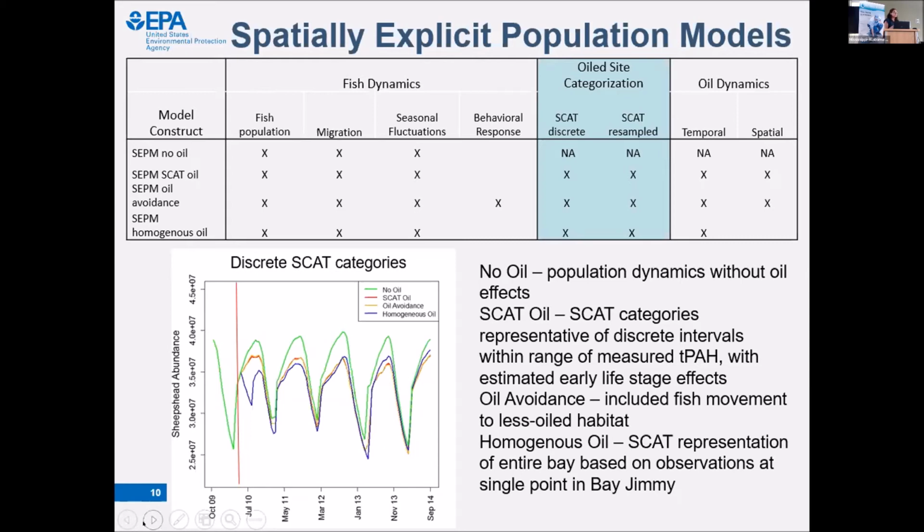Now, up until this point, we've been relying on the assumption that these scat categories are meaningful in terms of actual TPAH values to which they're exposed, and that there are distinct regions along that concentration gradient that these are representing. When we look at our sediment concentration values, they don't consistently align with differences in oiling concentration, in TPAH concentration.